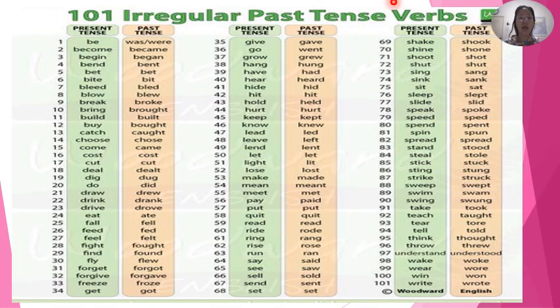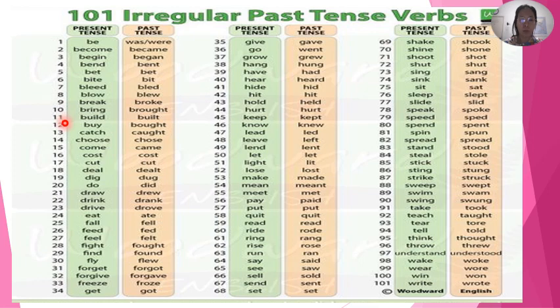Okay, so these are irregular past tense verbs that you need to memorize. Be, was, were. Become, became. Begin, began. Bet, bet. Bleed, bled. Blow, blew. Break, broke.